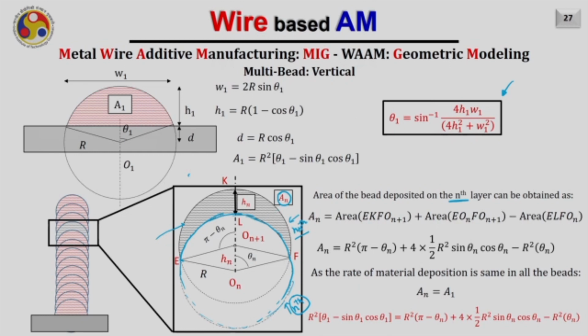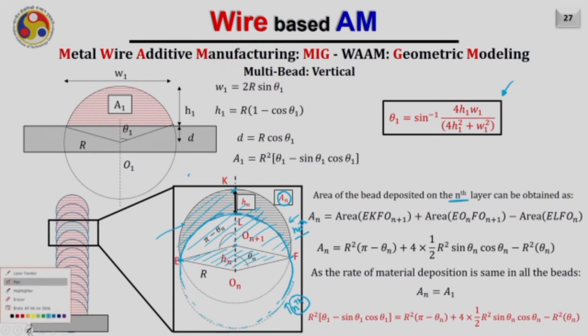This area will be equal to the entire area E K F O n plus 1, which is the summation of the area shown here, that is E O n F O n plus 1.